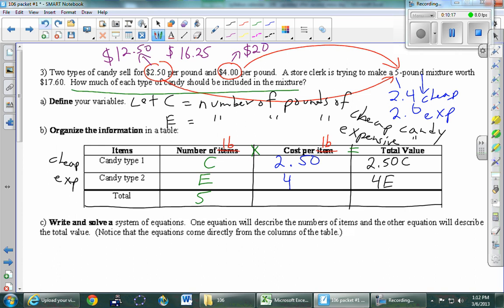What's the total value of the candy? The goal is 1760. That goes right there. Okay, and there is one blank here, the cost per pound total. It doesn't really have any meaning in this case, so I'm just going to cross it off. There isn't anything to put in there.